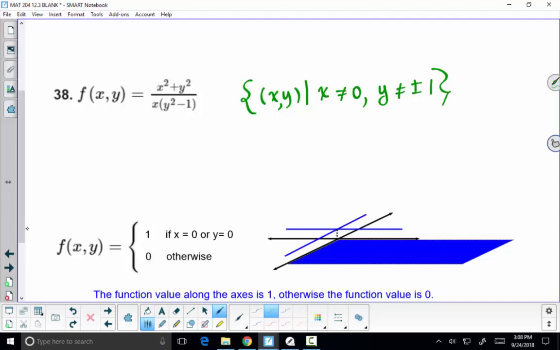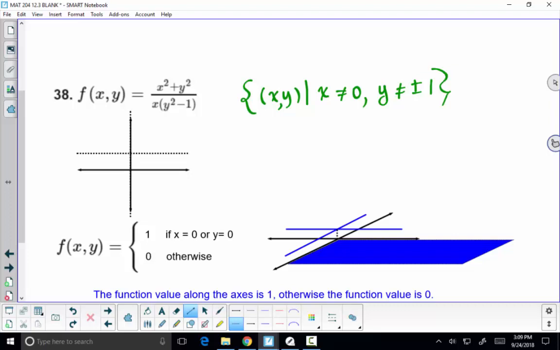If we want to draw a picture of where it's continuous or not, where do we have to exclude? x equals 0 has to be excluded. y equals 1 is a horizontal line. y equals negative 1 is a horizontal line. So this function is continuous on all this stuff, that in there, that in there, that in there. It's continuous on each of those 6 subregions, but not at those places.